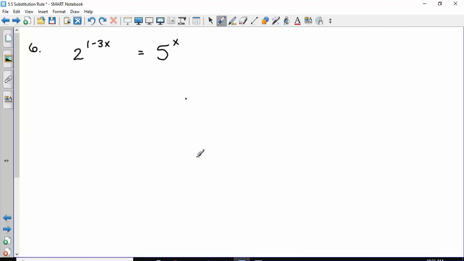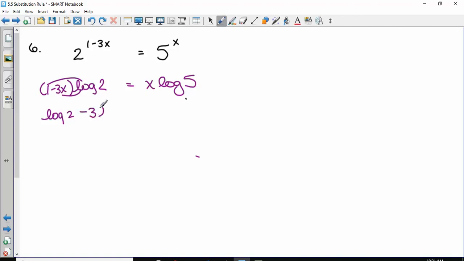These were about the hardest exponential problems I could give you because we had multiple x's in our exponent. What did we have to do? Add logs. When you do that, the exponent comes down. So now what? Distribute. So 1 times log 2 is log 2. Negative 3x times log 2 is minus 3x log 2.